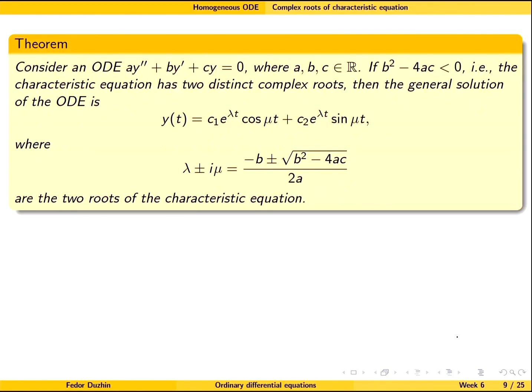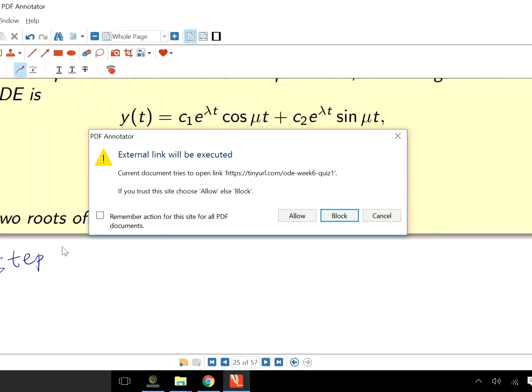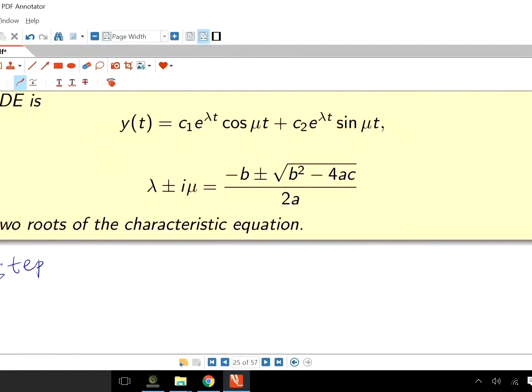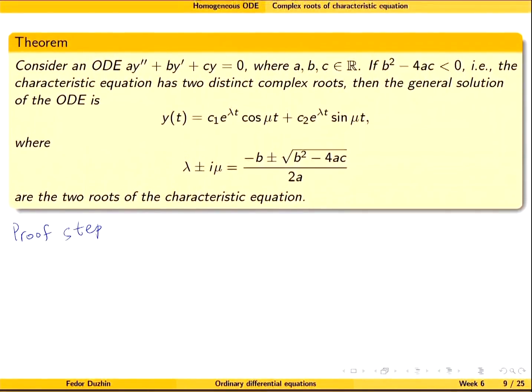So let me just very quickly explain the steps of the proof, right? Steps of the proof.